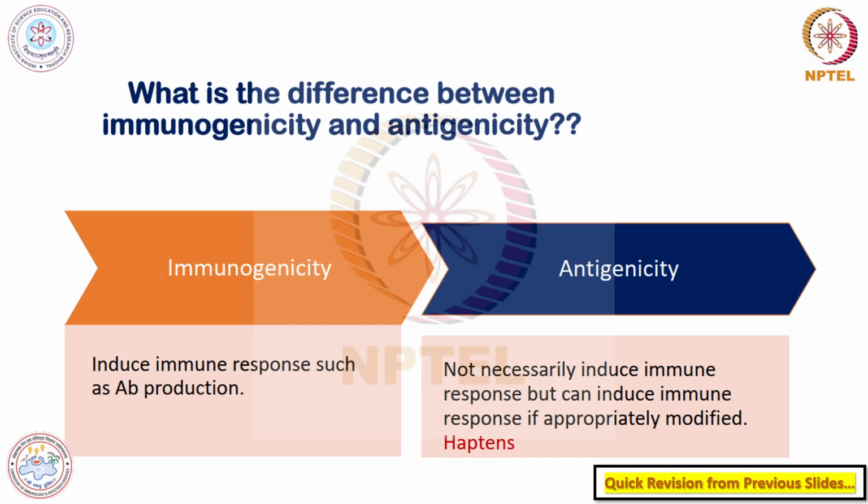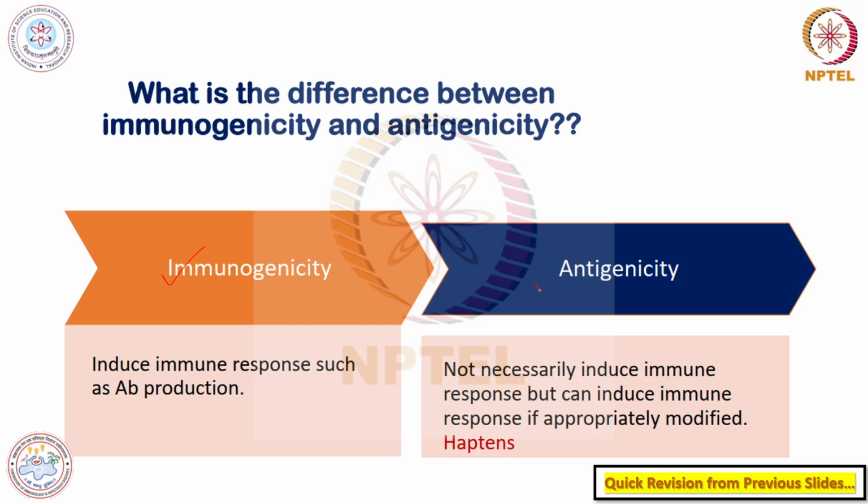The term immunogenicity, as we can see, induces an immune response, such as antibody production. So immunogenicity is the ability of a substance to induce an immune response, including antibody production.